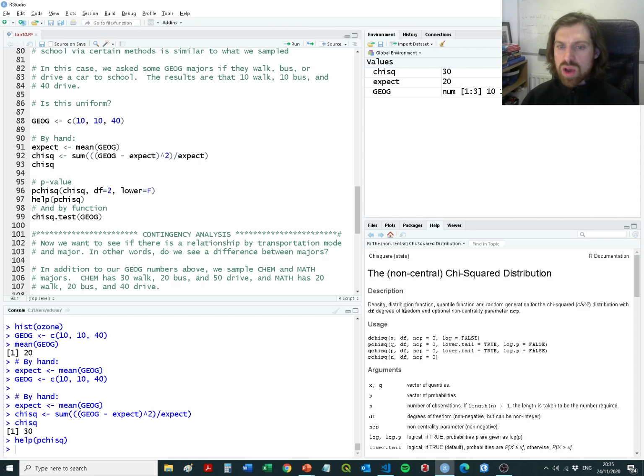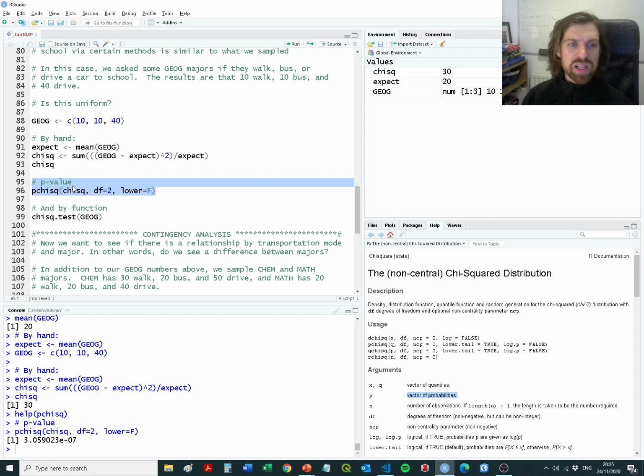So if we go here, what we get for p chi-squared is the non-central chi-squared distribution function, and what we're able to do is to give it a probability, and it'll spit out the chance of that occurring, as a p-value. And basically it's giving us a very, very small p-value, 3.059 to the minus 7.